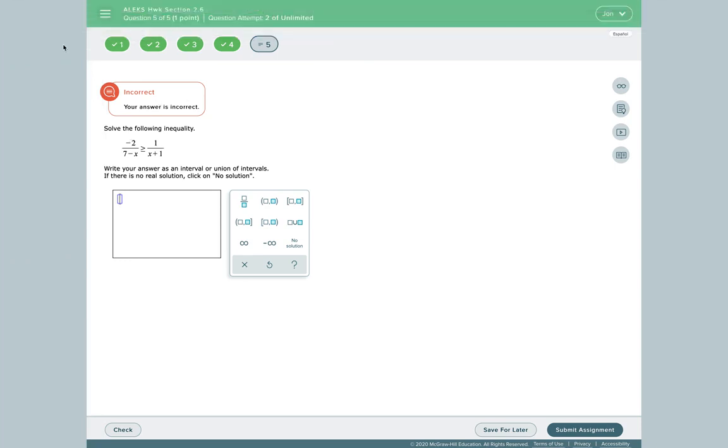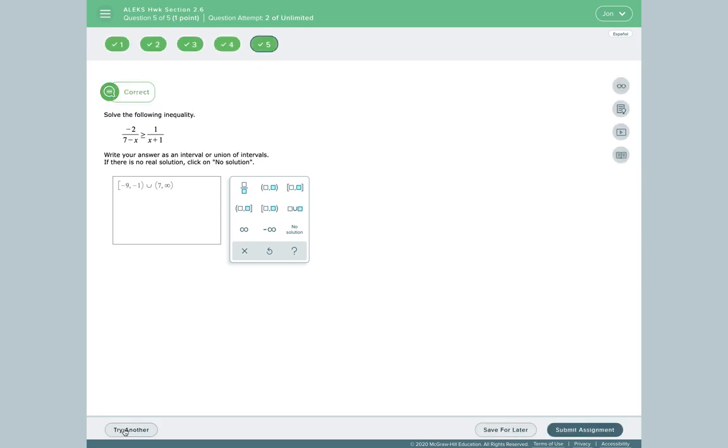And now, for this inequality, we have it closed at negative 9, going to negative 1, and then the other portion going past 7 on out to infinity. And just checking the result, the result is correct.